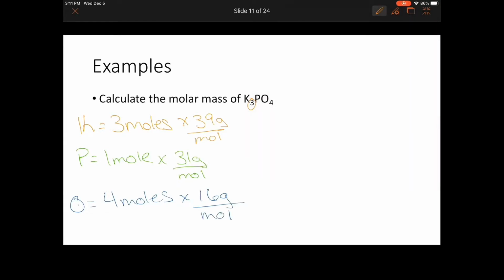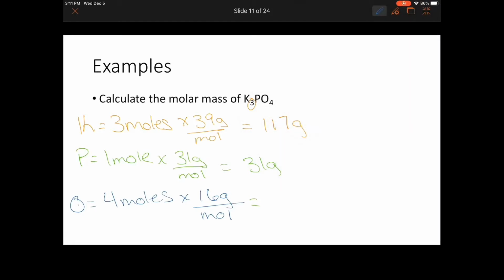Now we got to do the math. So let's take 3 times 39 to do potassium first. And it looks like we're going to get 117 grams. Now let's do phosphorus. 1 times 31, that gets us 31. And finally, let's do oxygen.